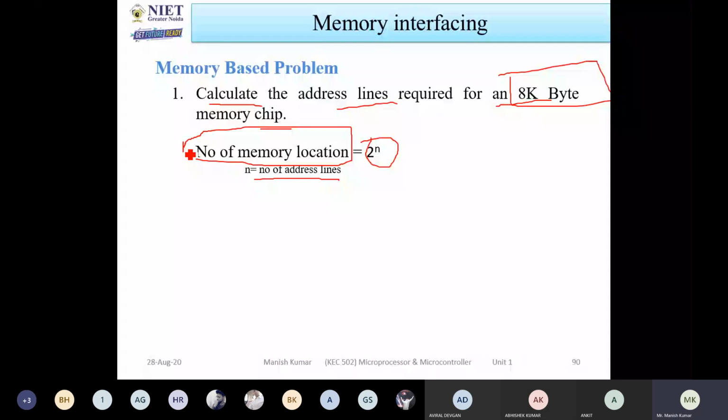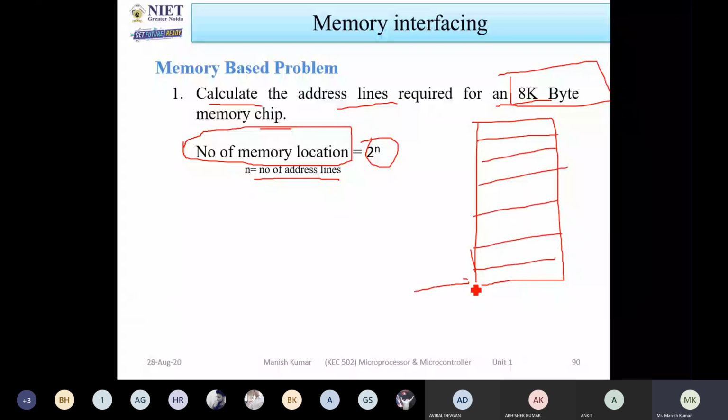Okay, let us consider one memory. It is having some size. I'm not going to fix it. So it is having some initial address and final address. The difference is called the address range. So with the help of address lines, you can also find that address range. Address range means always from starting to final.